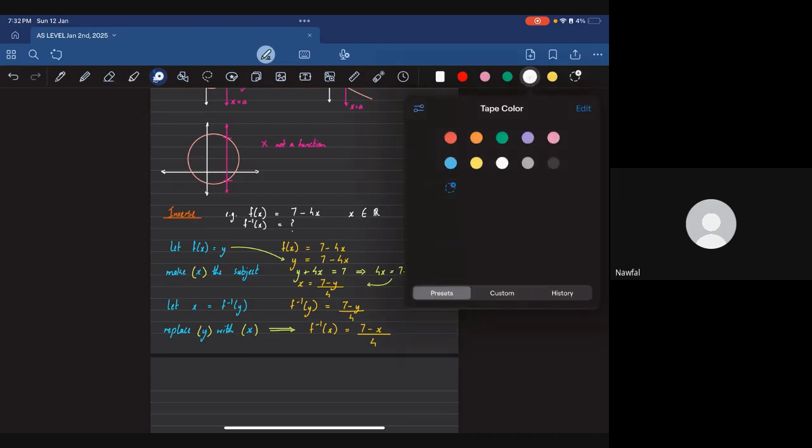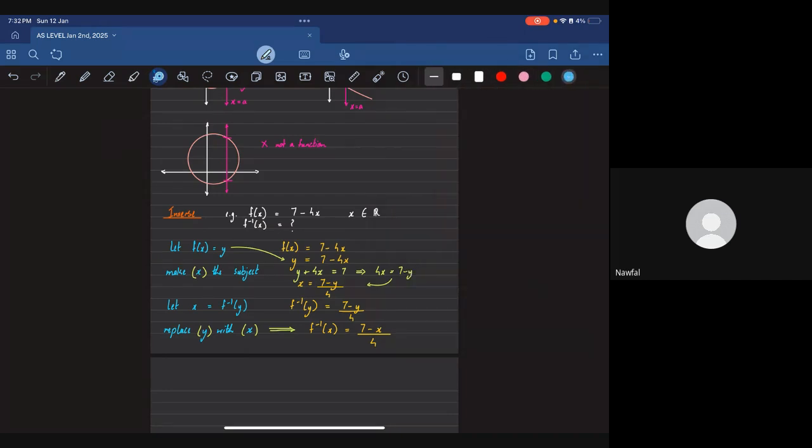Try to make sure that you're following these steps, and then nothing will probably go wrong. These steps are increasingly important. All inverse questions are solved the same way.